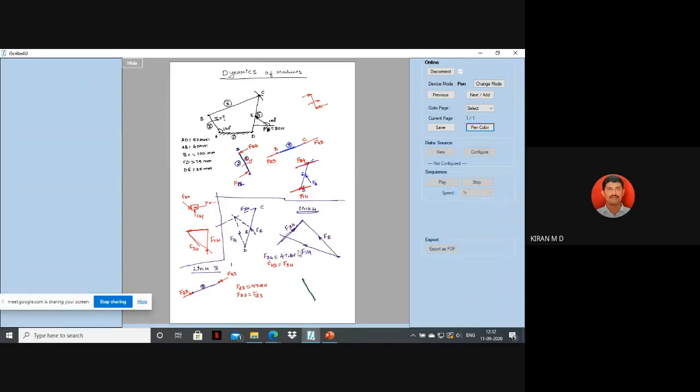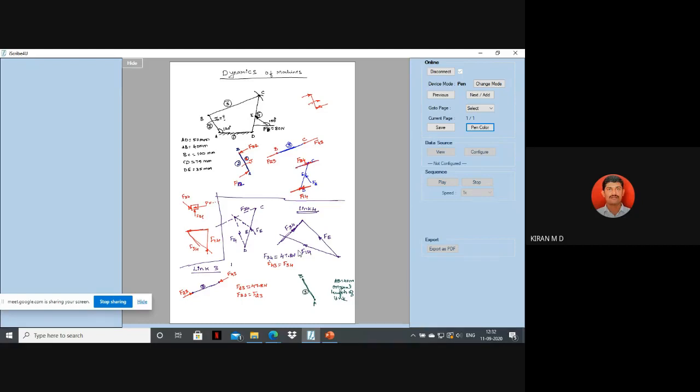So here I will write separately: the AB length is equal to 40 mm, the original length of the link.